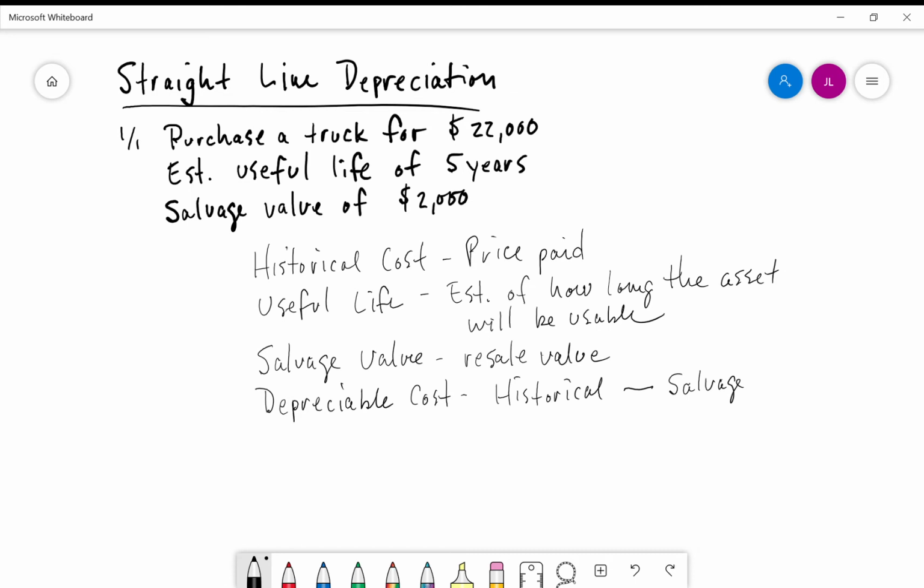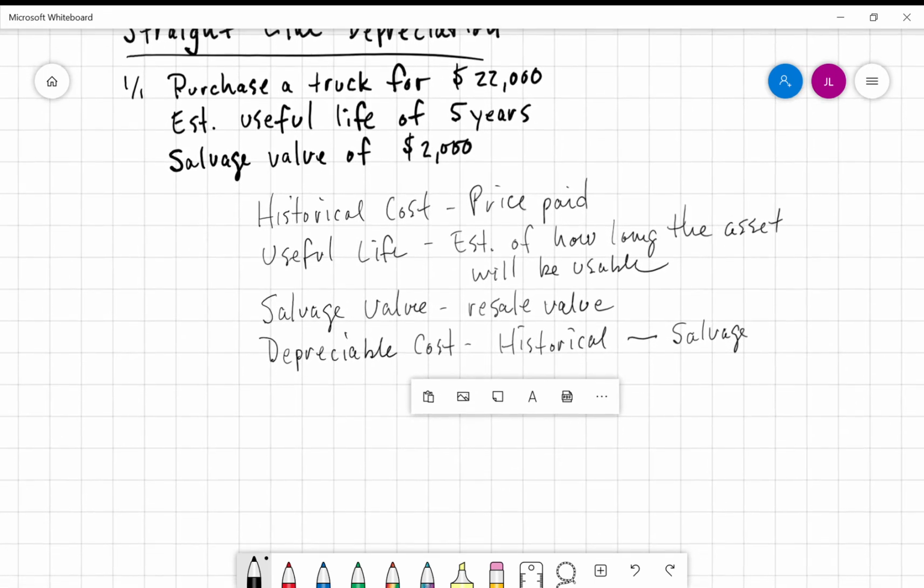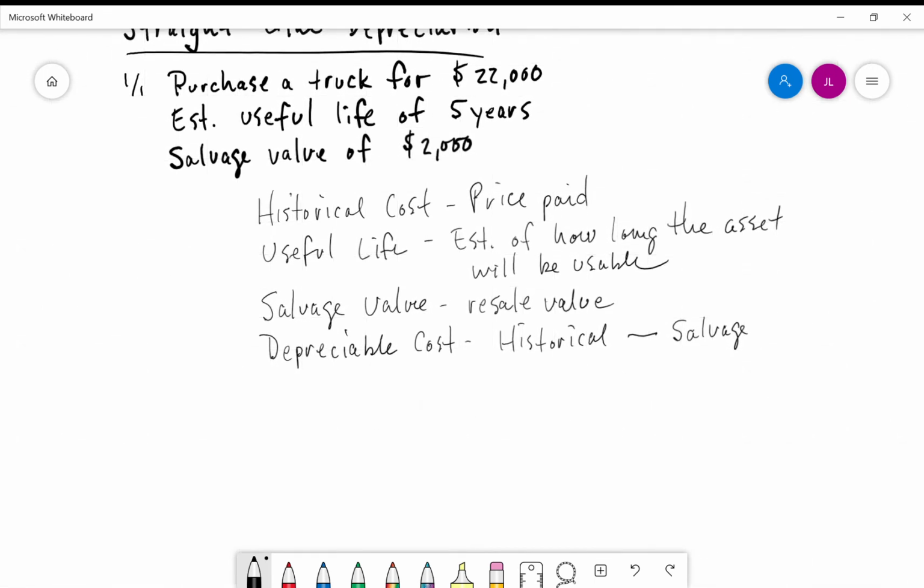So, we've got our truck. We purchased it for $22,000. We have a useful life of 5 years and a salvage value of $2,000. The first thing we need to determine is the depreciable cost of this truck: the historical cost minus the salvage value.